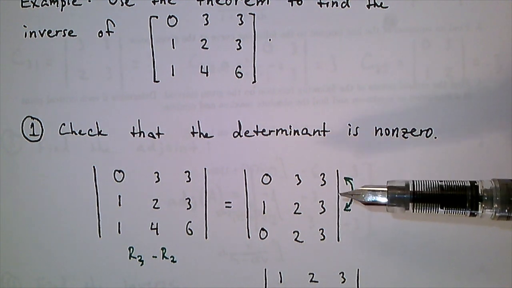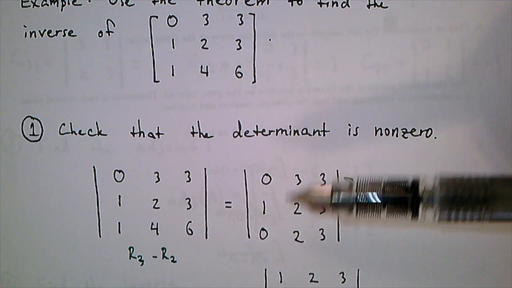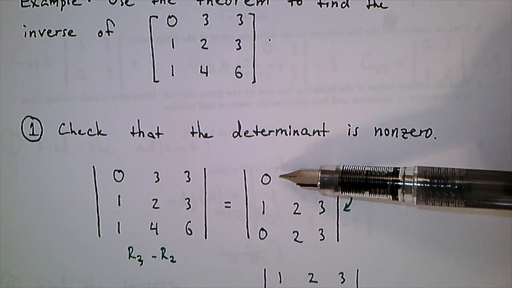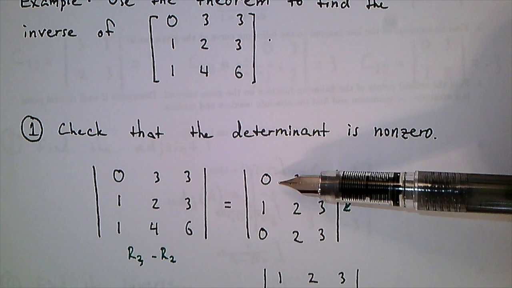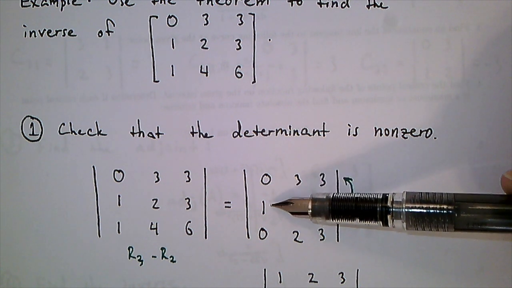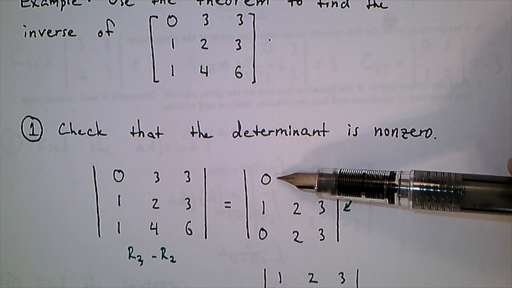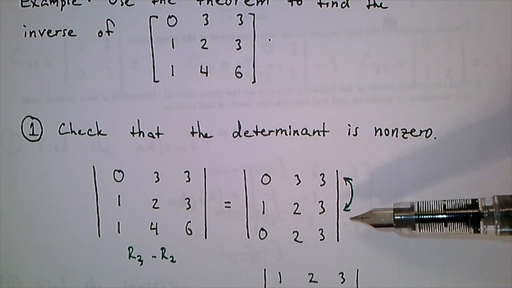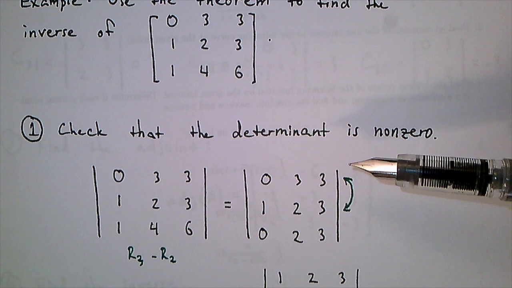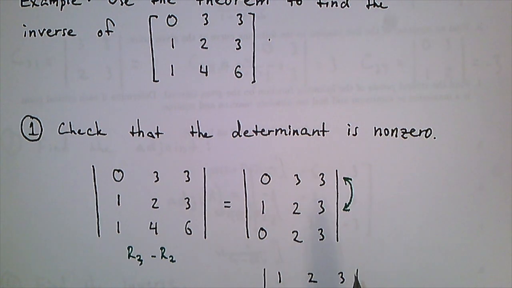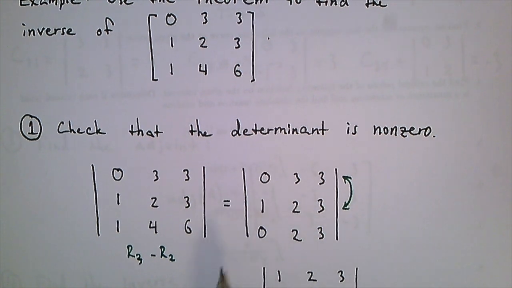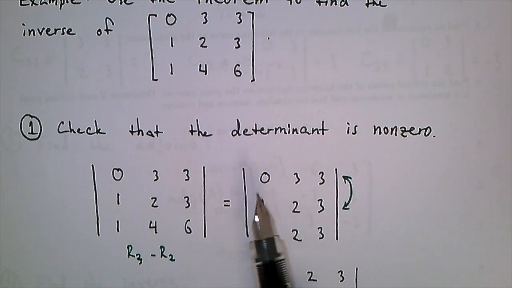Since we want to end up with an upper triangular matrix, we need to put something non-zero here, if we can. So I take this 1, and I want to move it here by swapping rows 2 and 3. Before I move on to that next step, I do want to point out that we're computing the determinant, and when we add or subtract a multiple of one row from another, it doesn't change the determinant.